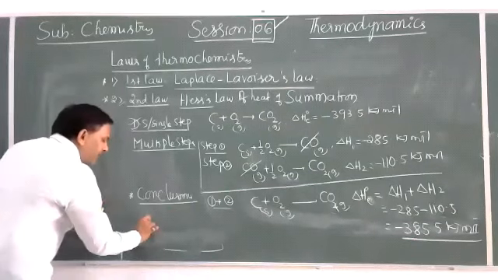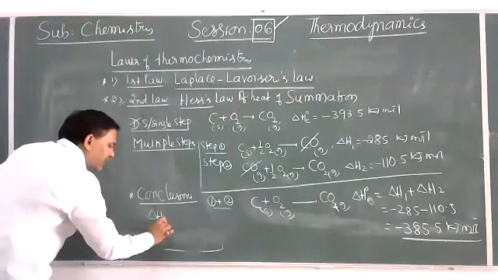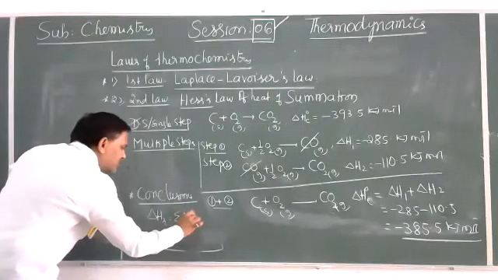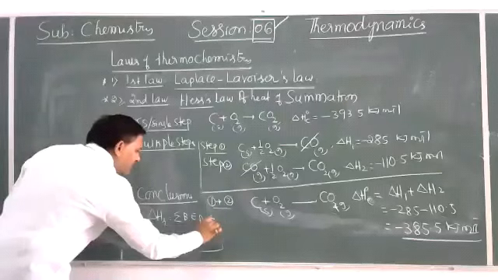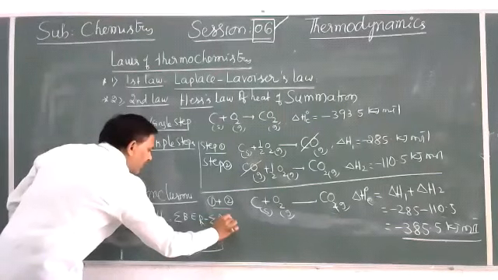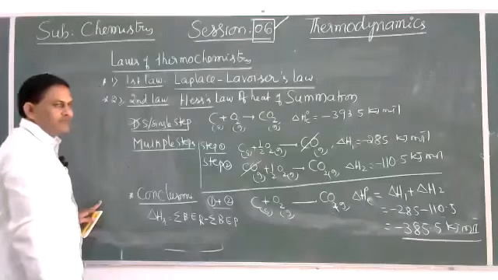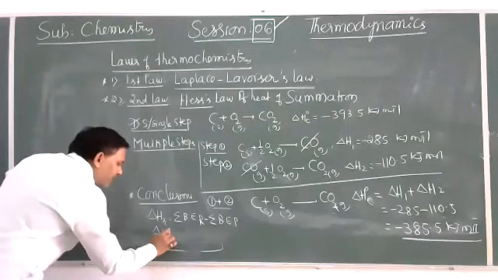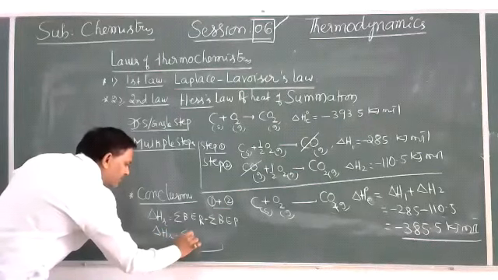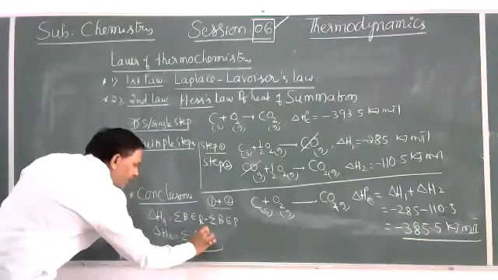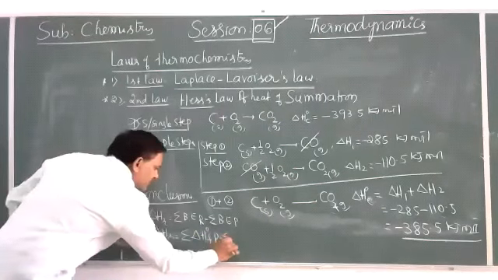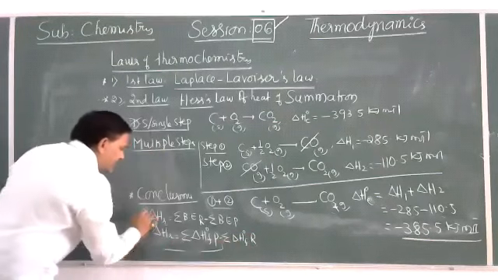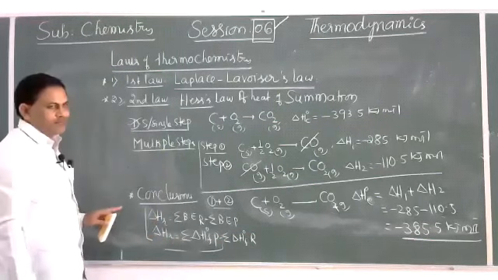Enthalpy of reaction depends on bond energies of reactants minus bond energies of products. Also, enthalpy of reaction depends on the summation of enthalpy of formation of products minus the summation of enthalpy of formation of reactants. Yesterday we were given these two important reactions.